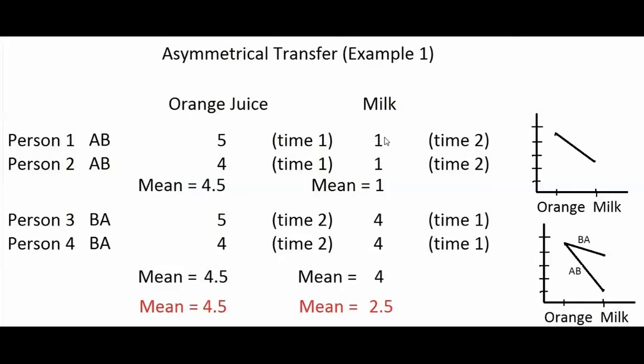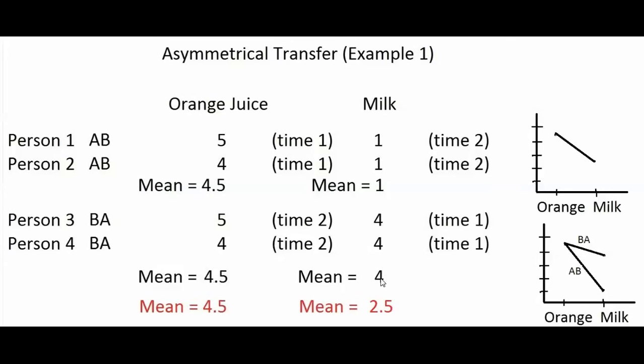Since these two ratings were low, and this mean was low right here, there was a pretty steep drop-off from this orange juice mean to this milk mean right here. It drops off by 3.5. But when we look at the two participants who were assigned to the BA order, there's a little bit of a drop-off from the orange juice mean to the milk mean, but it's not very much of a drop-off.